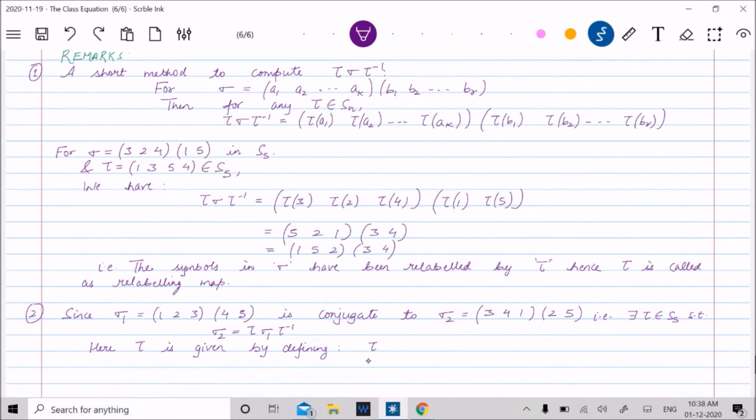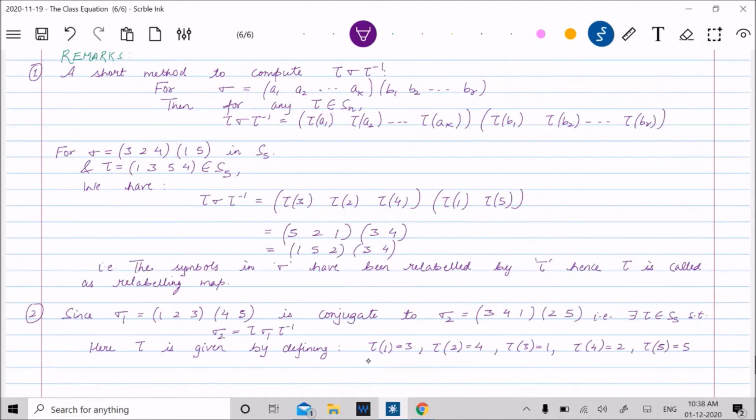So you want that 1 should be mapped to 3 by tau. So tau of 1 equals 3. And tau of 2 should be 4, tau of 3 is 1, tau of 4 is 2, and tau of 5 is 5 only. So this is how tau can be defined. That's it. This is simple, right?